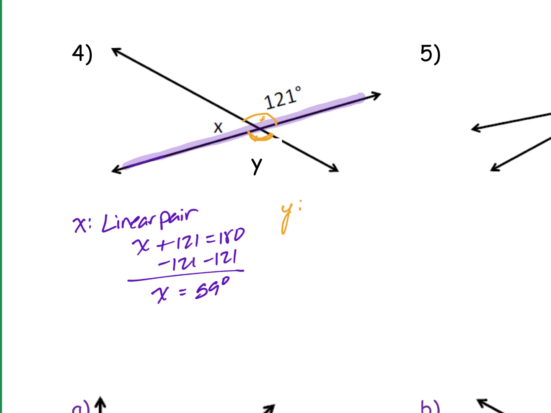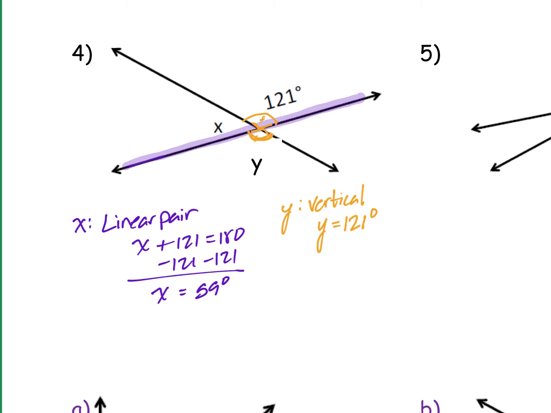No. What are they? They share a what? The same vertex. So they are vertical. Okay, so if they share the same vertex, they're 2 lines that cross, and they're equal to each other. So Y equals 121 degrees. So vertical angles are equal to each other.